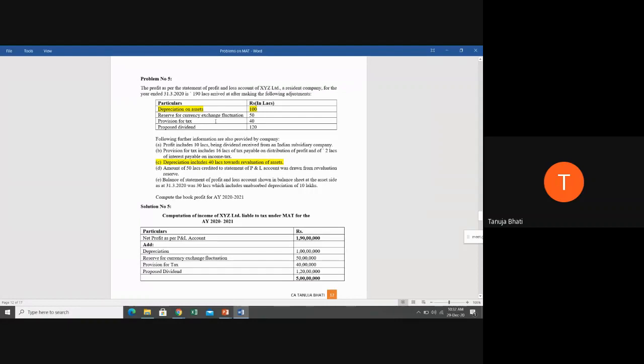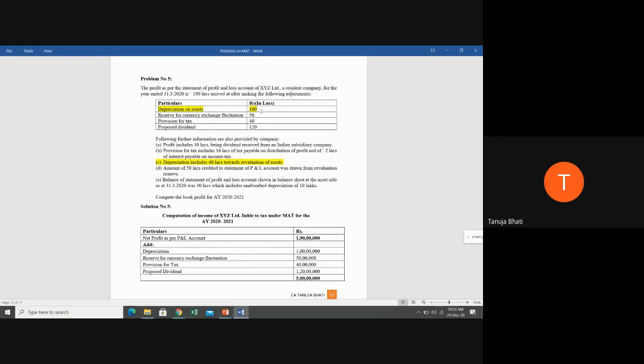Okay. Now your answer is slightly wrong. I'll tell you why. Because they're telling already 100 lakhs. This depreciation includes 40 lakhs towards revaluation of asset. So already in this 100 lakhs, 40 lakhs is for revaluation of asset. So what is the normal depreciation? 100 minus 40, so 60 lakhs is normal depreciation.